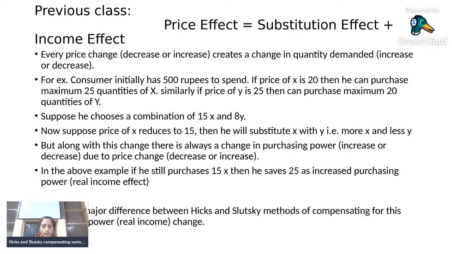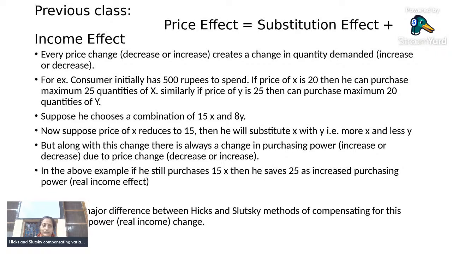Now, along with this decrease of price, the real income or purchasing power of the consumer will also increase. That's how we call it income effect. So the total price effect, that means decrease of price, will result in two types of effect. One is the substitution effect, the other is the income effect.